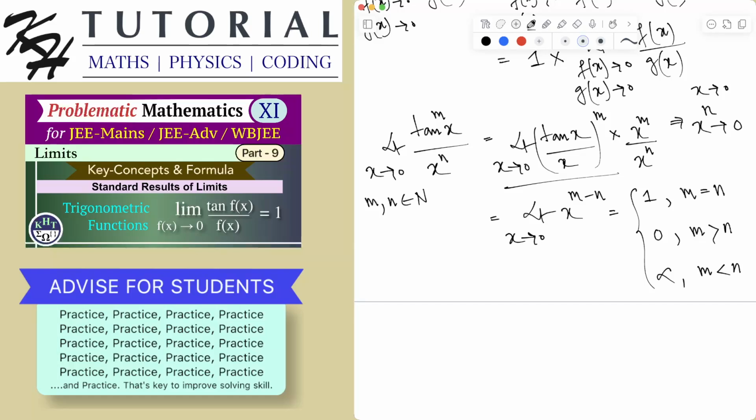Here n minus m is a positive integer, and this will tend to 1 by 0, which will tend to infinity.